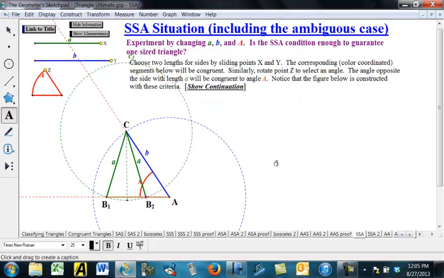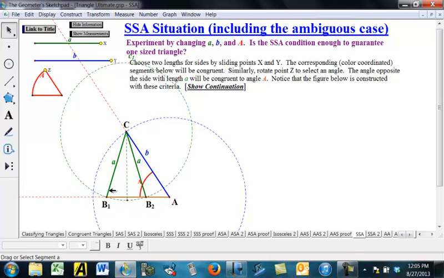We have two possibilities, two different triangles. You see that these triangles are completely different. From A to C to B2, and from A to C to B1 are completely different sized triangles.